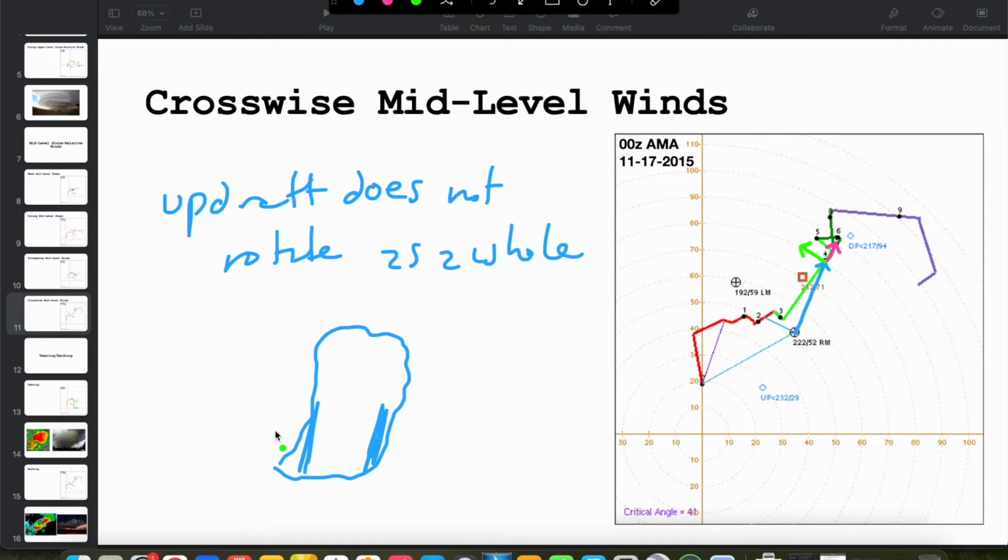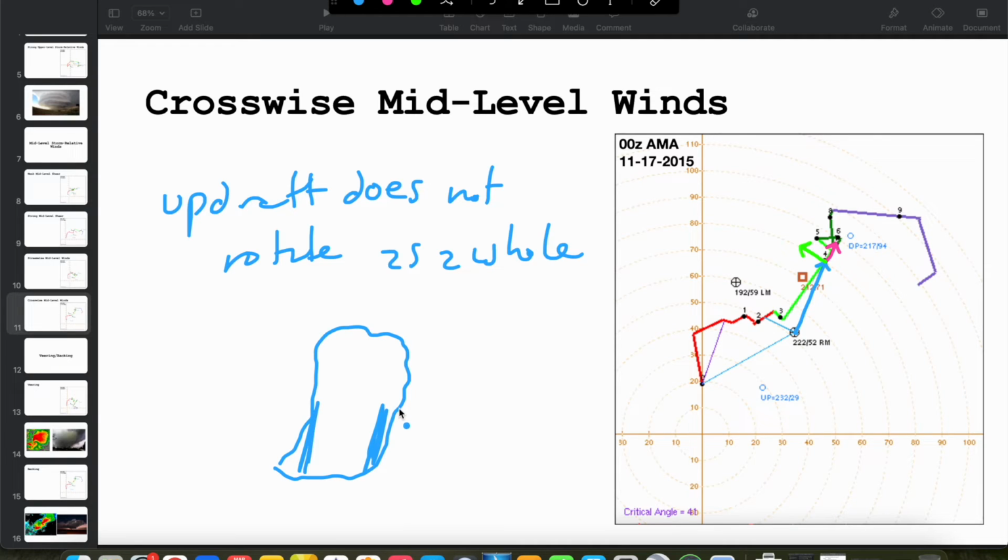So we didn't get storms that night that rotated as a whole. We got strong rotation on the flanks of the storms, and as a result, you'll see in an upcoming picture here, I reuse this example. And this happens often in these crosswise mid-level wind cases. You'll see that the updrafts don't quite look as supercellular, so to speak. They are often quite tilted, or they might look more linear in nature.